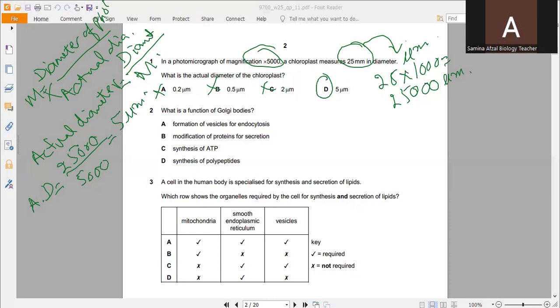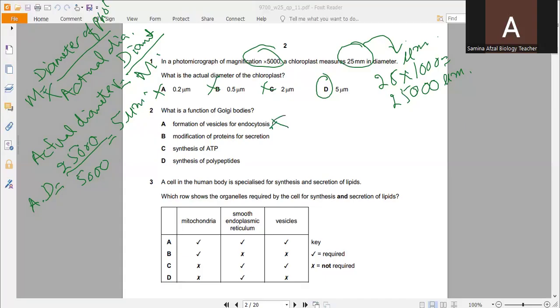So according to this, the formation of vesicles for endocytosis: endocytosis is taking things into the cell. Their function is not taking things into the cell, so this is not the correct option.